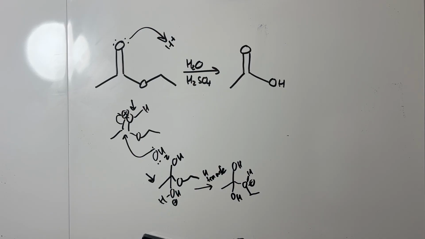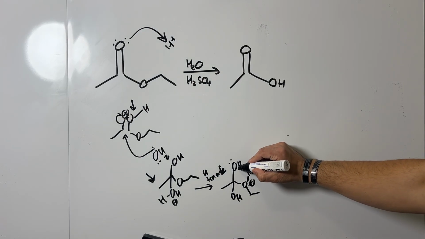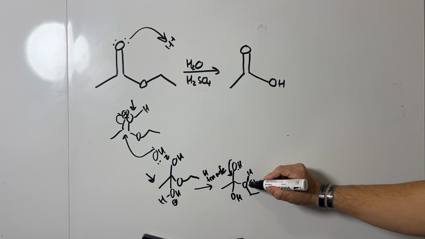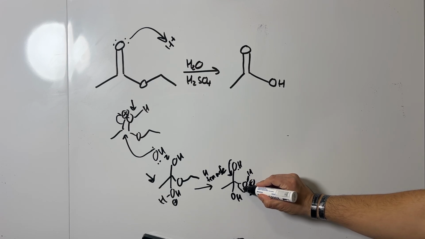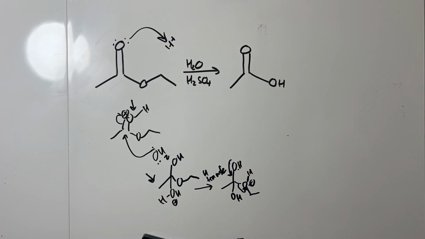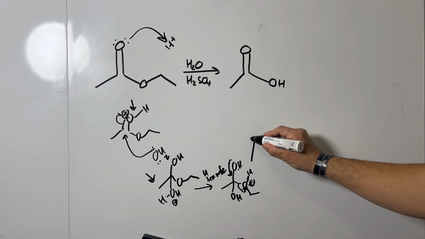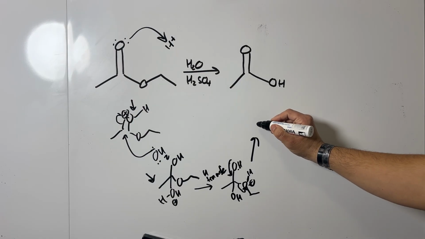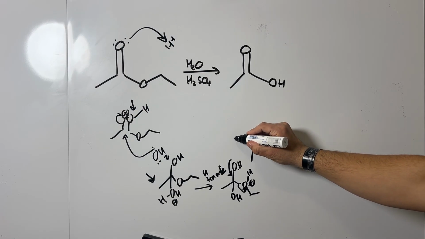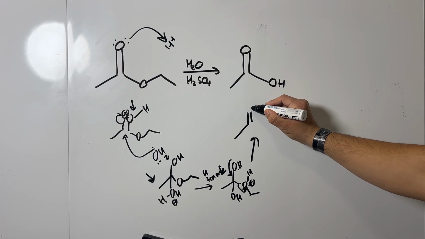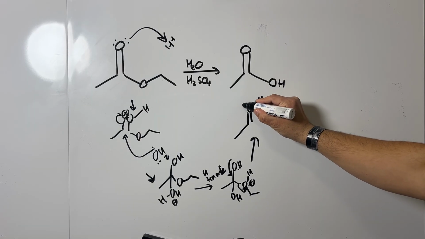Well, what's going to happen? We're going to come back down, recreate our carbonyl. We're going to kick this off because now it's a decent leaving group. And we're going to come right back up here. And we have a protonated carbonyl again.